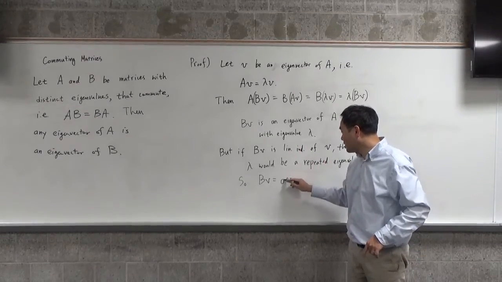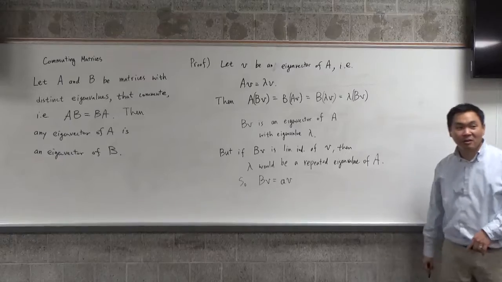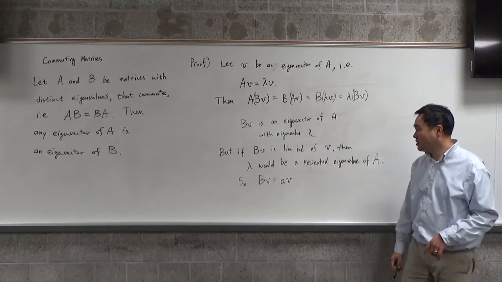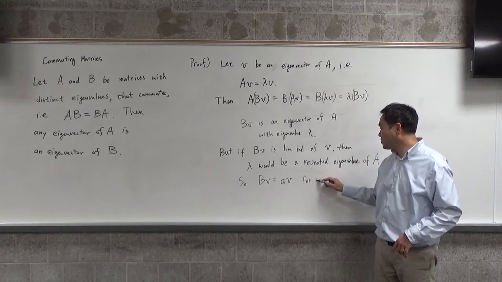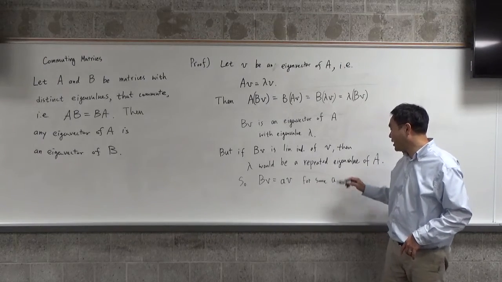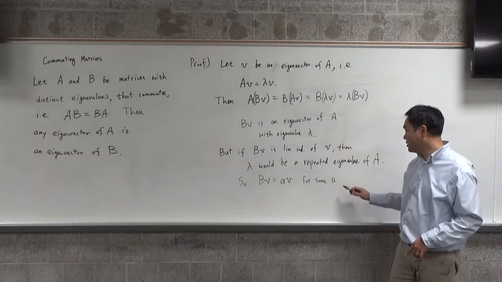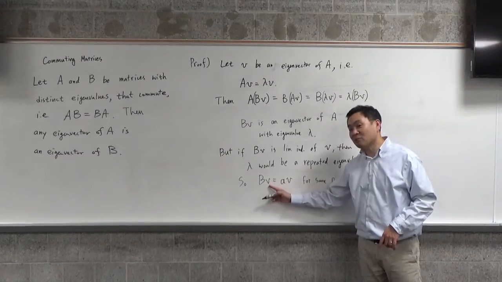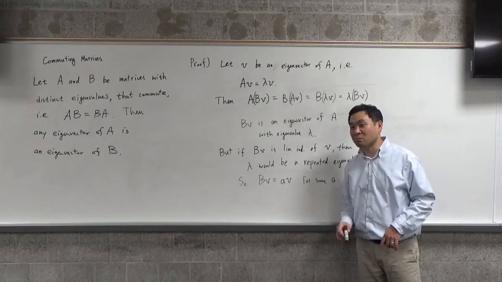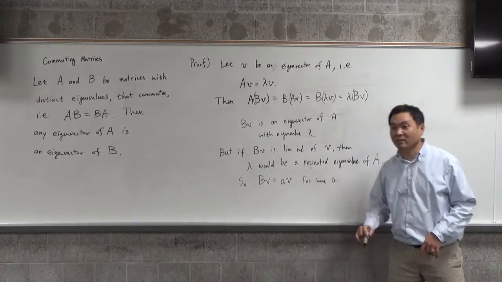So let's say BV equals AV for some real number A, right? Well, what does that mean? This means that V is an eigenvector of B with eigenvalue A. Right?